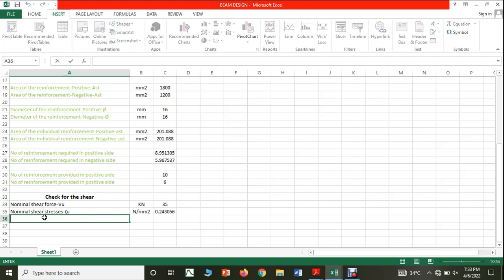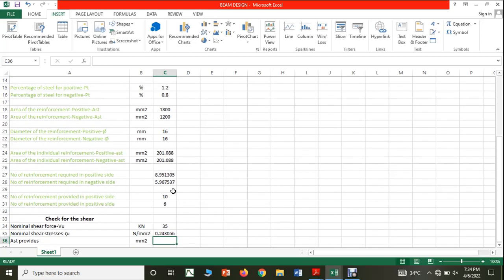Therefore I can write Ast provided, which will be in mm square.